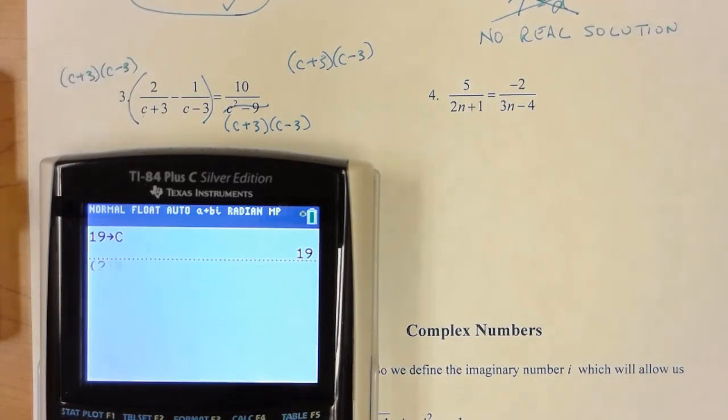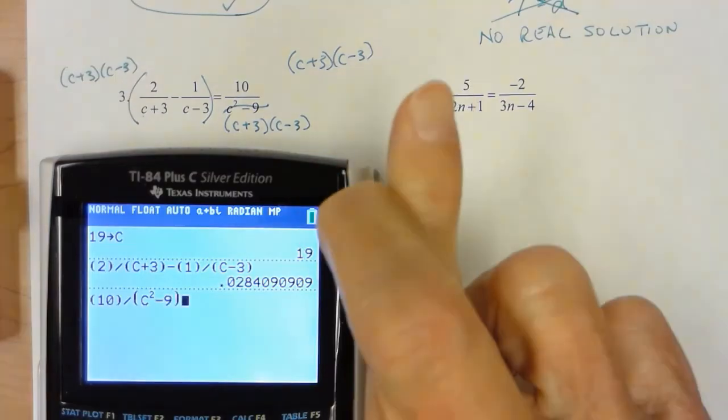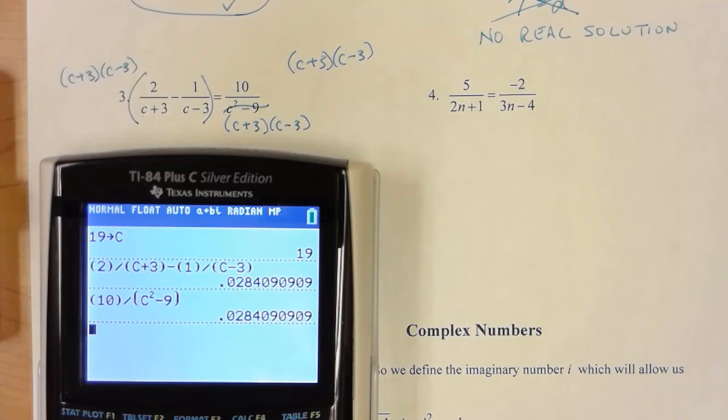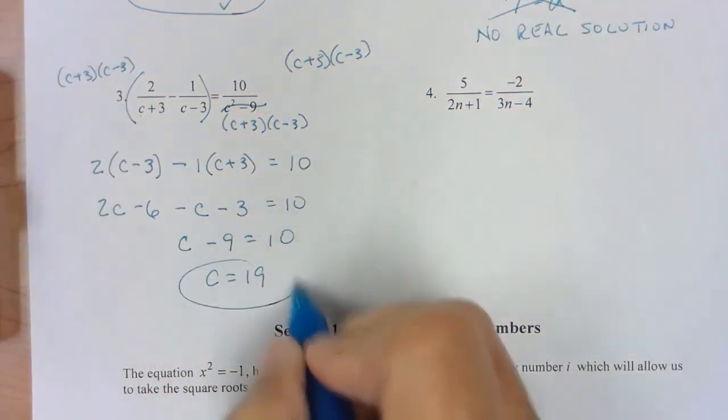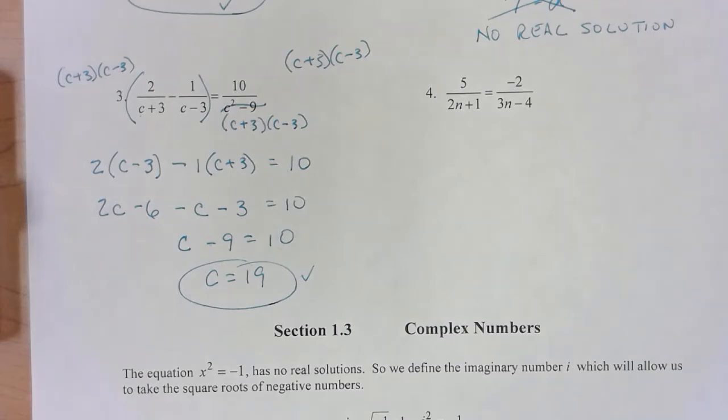So parentheses 2 divided by parentheses alpha c plus 3 in parentheses minus parentheses 1 divided by alpha c minus 3. So that'd be the left-hand side. On the right-hand side, I've got parentheses 10 divided by parentheses alpha c squared minus 9. And let's hope that it comes out to be the same. Yay! Okay. So I'm going to circle and I'm going to check to show that I did check it.